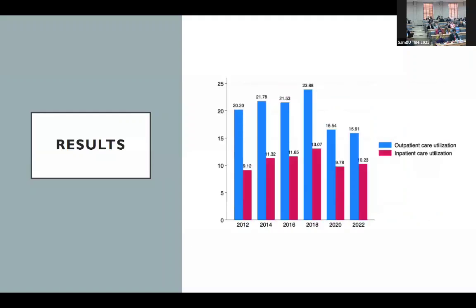The other thing is utilization. Before COVID-19, outpatient and inpatient utilization increased until COVID-19, when it decreased. But I can tell you, after 2023, outpatient utilization increased a lot.